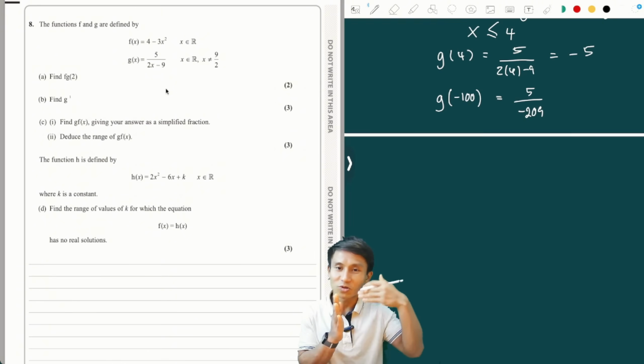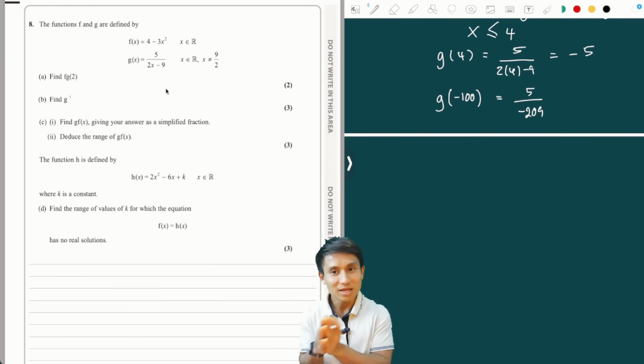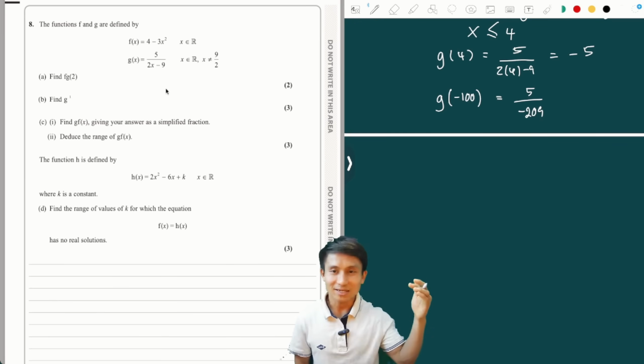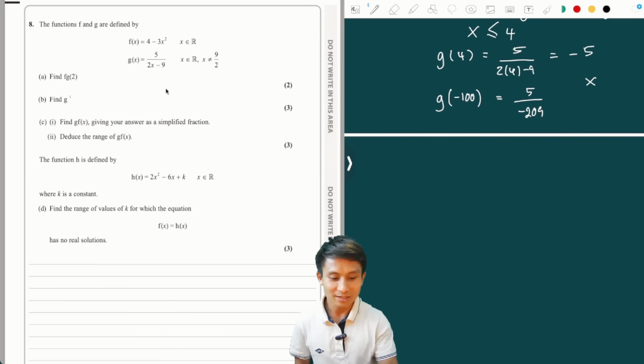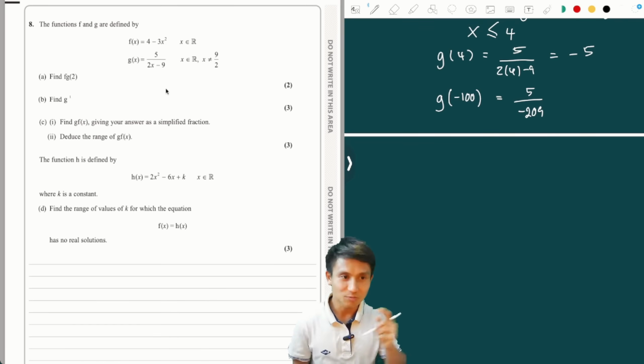If you decrease the x value, i.e. make it more negative, it will become smaller and smaller. So as x gets smaller and smaller than 4, what happens? g(x) gets smaller and smaller in magnitude and close to 0. Can it reach 0? Not really, right?